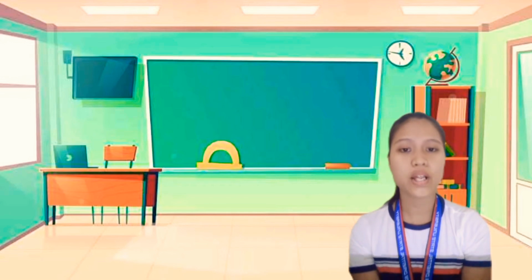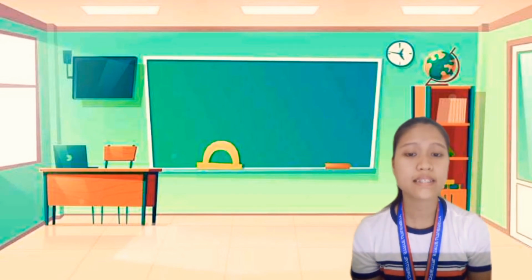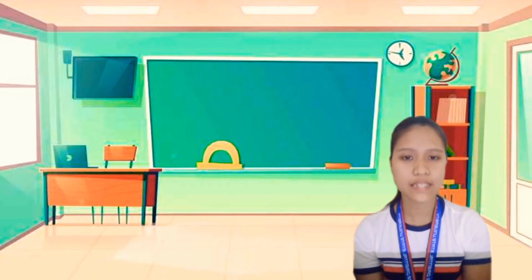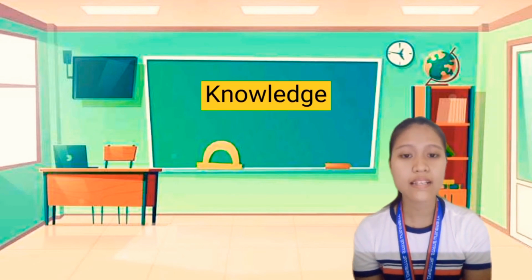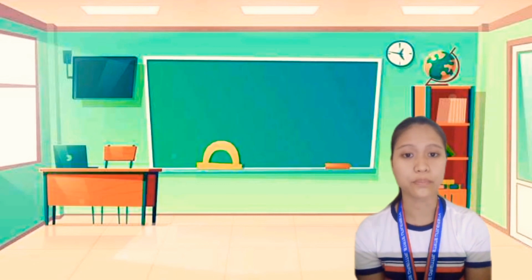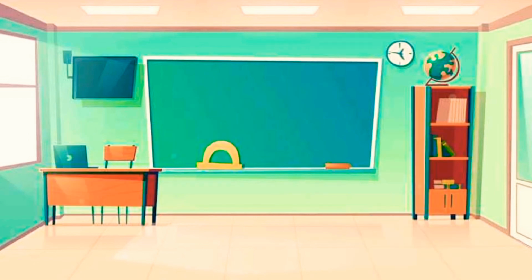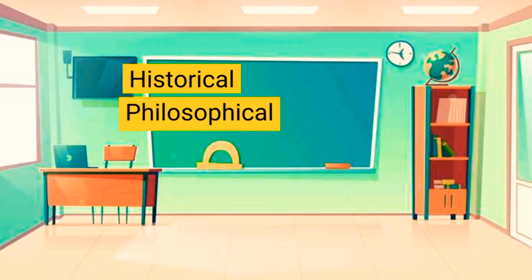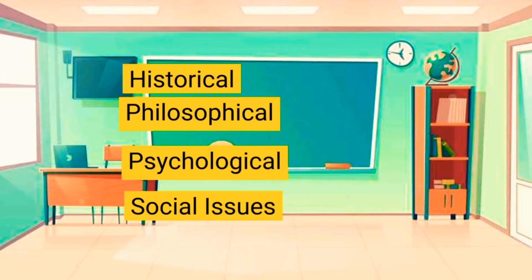In this traditional point of view, we have noticed that the traditionalist emphasizes the knowledge, intellectual, and discipline in developing a curriculum. From the traditional view of theorists like Hutchins, Schwab, Bester, and Phoenix, curriculum can be defined as a field of study, which is highly academic and is concerned with broad historical, philosophical, psychological, and social issues.